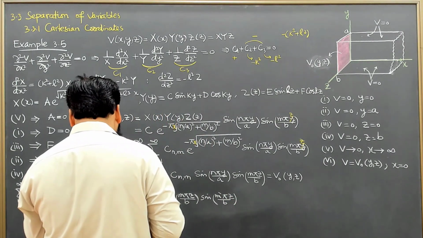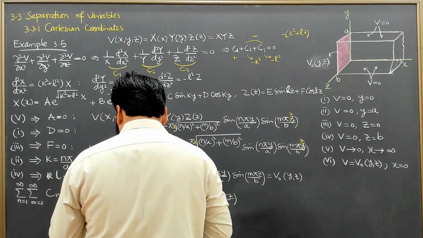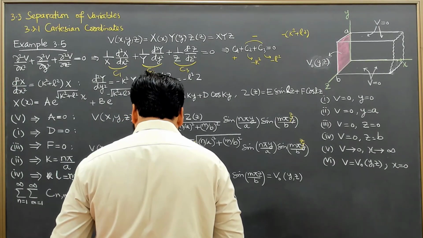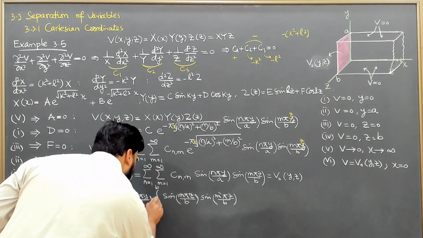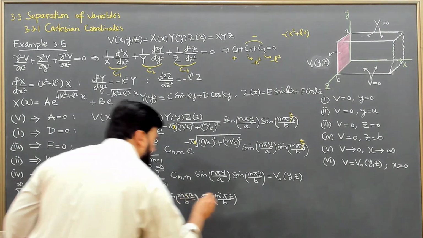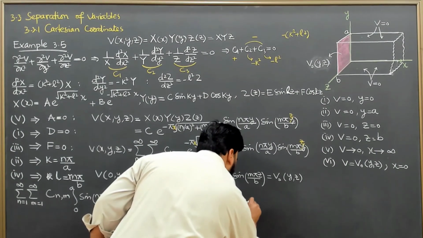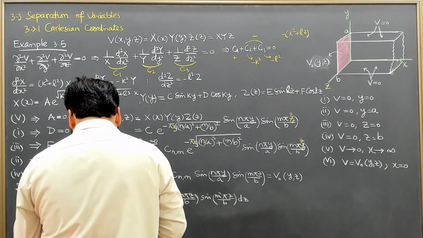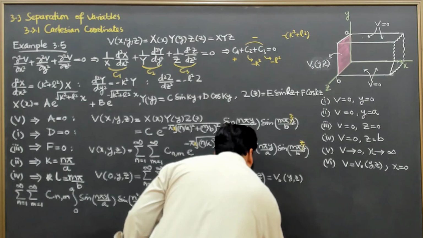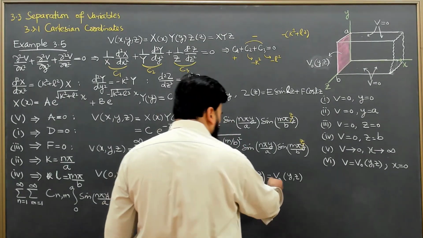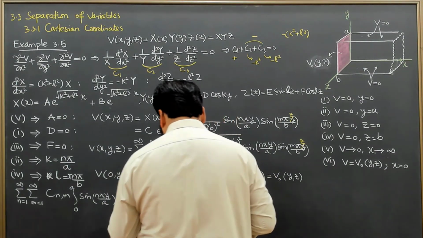So this is with dy, and this will be with dz. We are integrating on dy and dz, and then this thing will be equal, meaning we will have to take care of the right hand side as well.